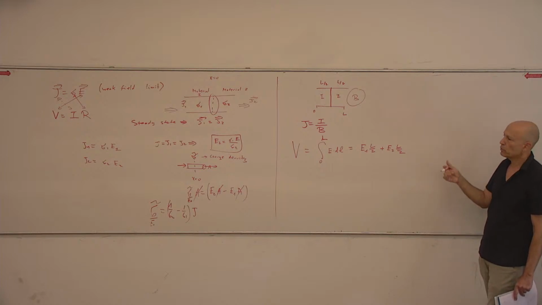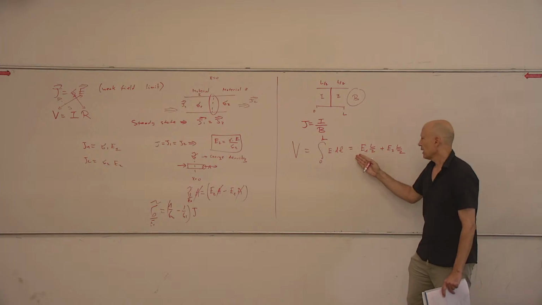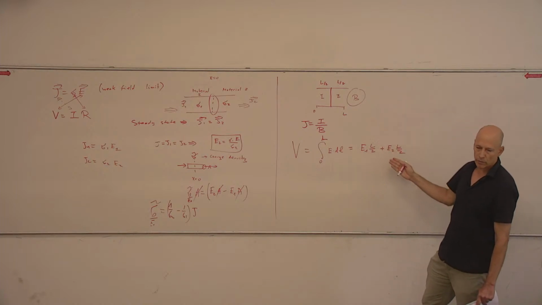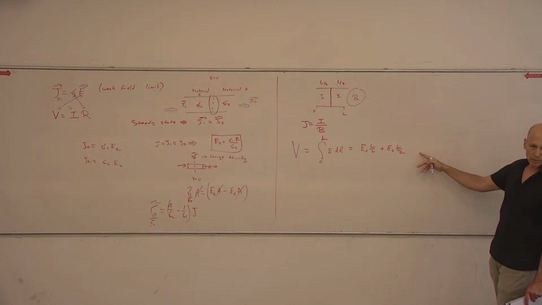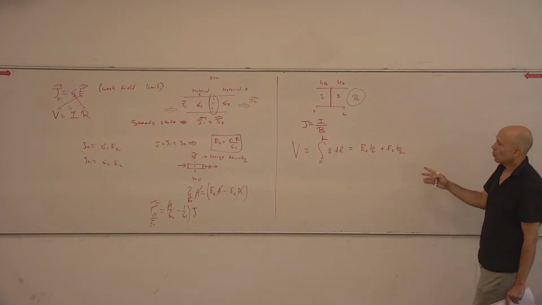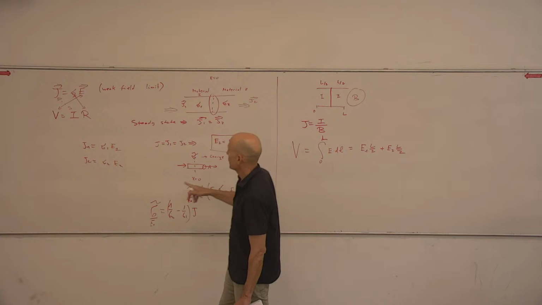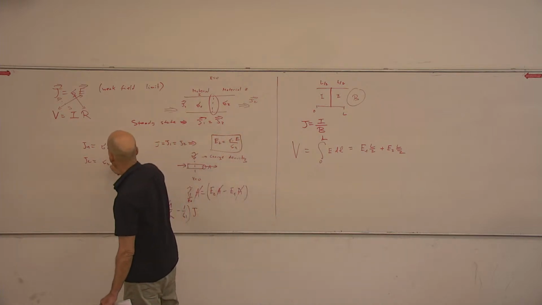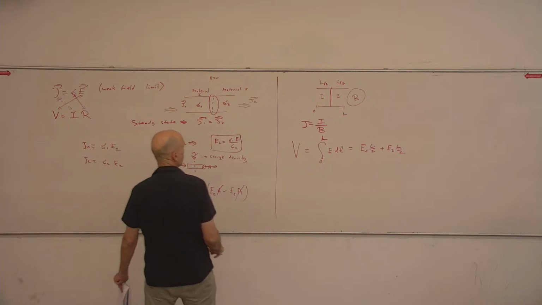So this is a connection between potential and electric field times L. These are, of course, of the right units. But that's it. It's not with R. We don't see R yet. But this is easy now to find R. Why? Because we can use these equations to define E1 and E2 in terms of J1 and J2.